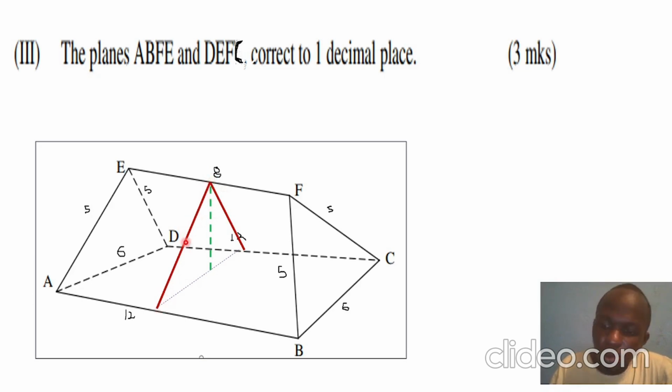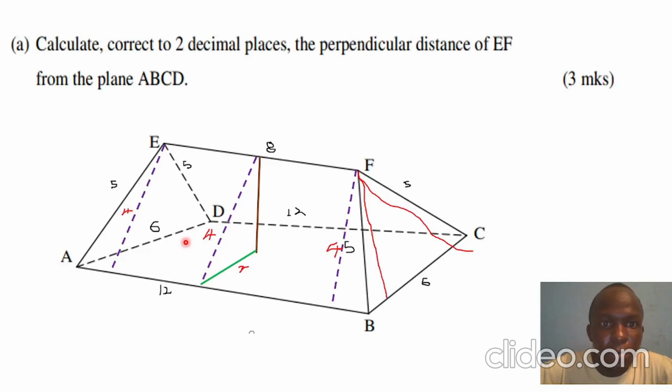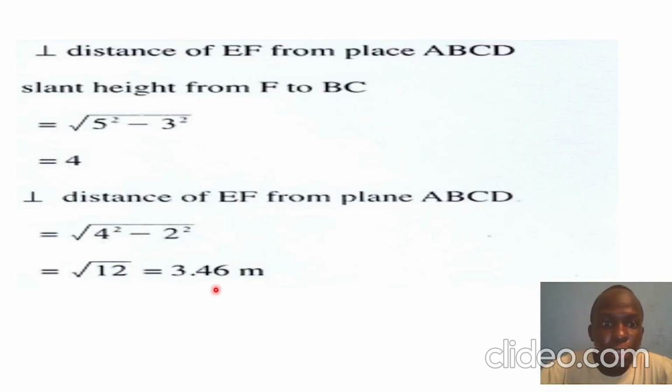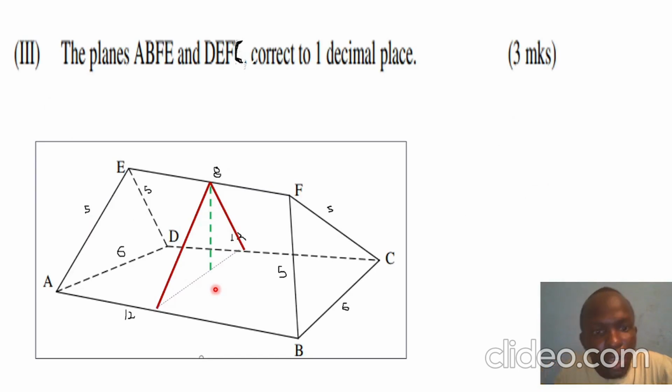In case we have forgotten, let me take you back a little bit. This is the side we are talking about. We already have it as 4 centimeters. We already have the height, so we can get this angle here.